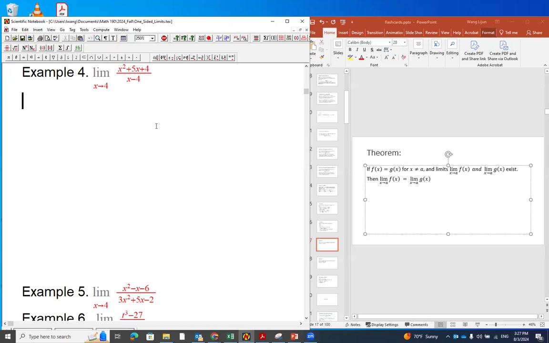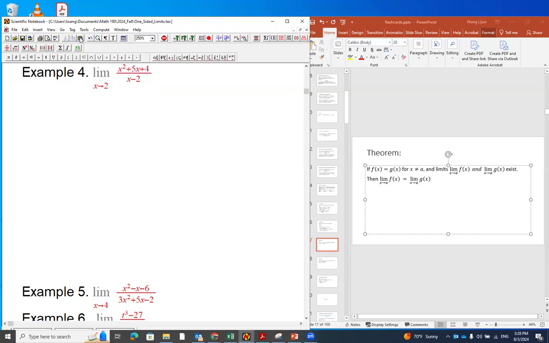I think I might have copied the question wrong. It's x approaching 2, and this is x approaching 2. All right. So we cannot use direct substitution. We cannot use the quotient rule either. So what can we do?